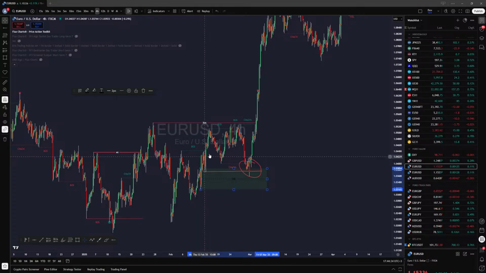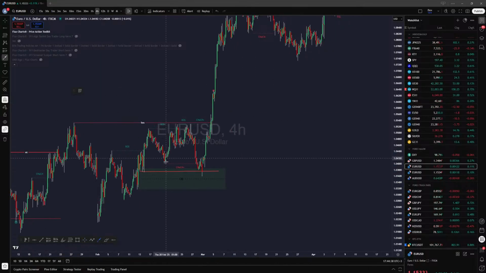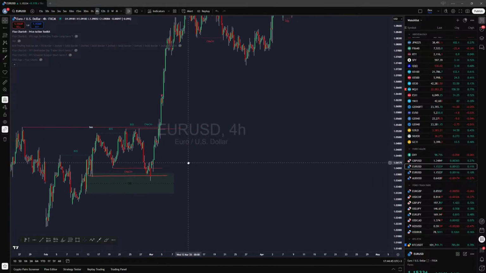The same idea that I showed on the daily, but a smaller version of it. Same SFP when we had liquidity, it's a fake out, right?